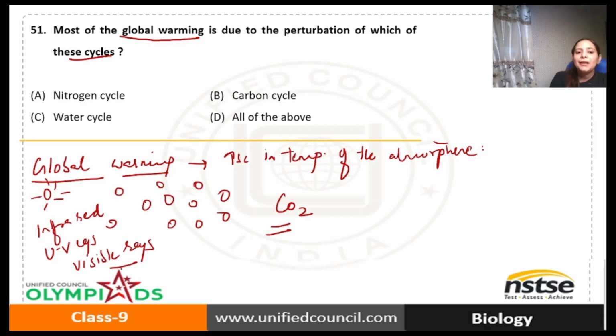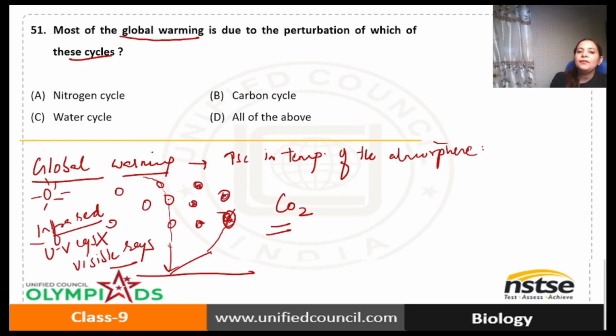Visible rays are not harmful for us because they give color to everything that you see around. UV rays are stopped by the ozone layer, and infrared rays cause heating effect. When these rays come, carbon dioxide molecules allow them to pass through, but when they strike the surface of earth, they get reflected back. Once they get reflected back and pass back through the atmosphere, they get trapped in the carbon dioxide molecules.